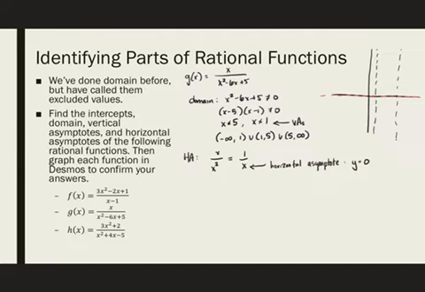Okay. Then I need to look for intercepts. So if my y-intercept is when x equals 0, then that happens at 0. Oh, that's not an F, that's a G. Okay, so my intercept is at 0, 0, which is not super helpful, right?